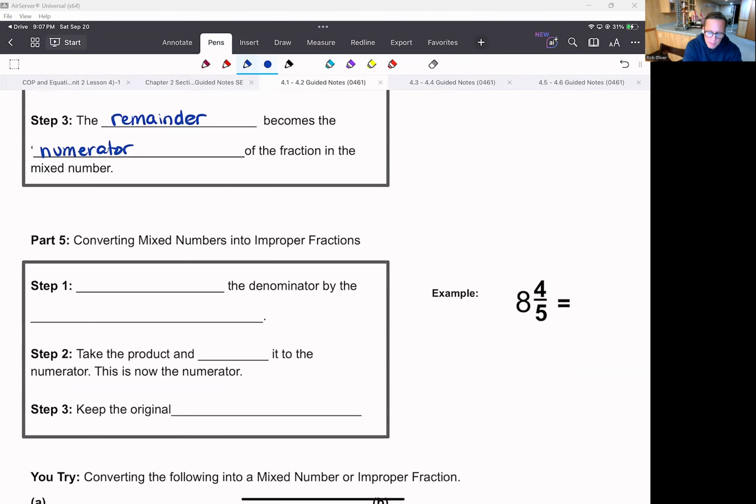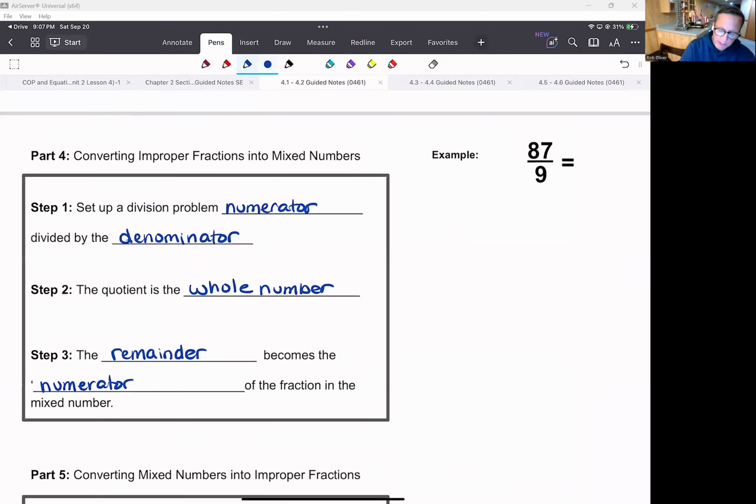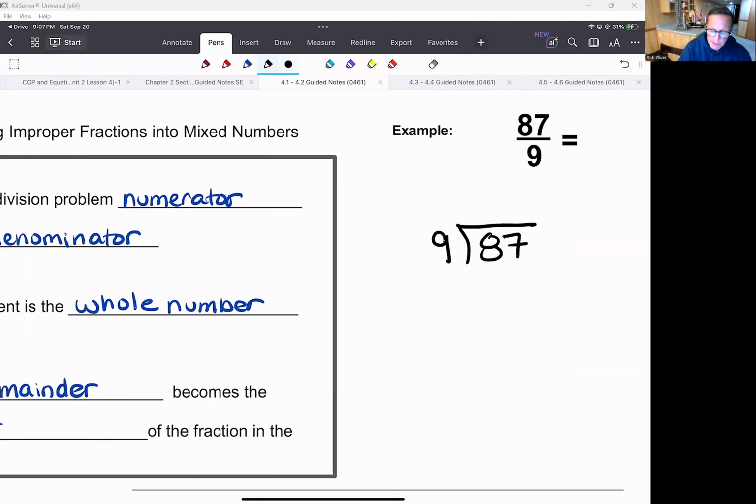And then converting, so let's do this one right here. So we got 87 ninths. So when you do that, you're just going to do 87 divided by 9. Top divided by bottom. That's the way I kind of always talk about it. So 9 divides into 87 how many times?